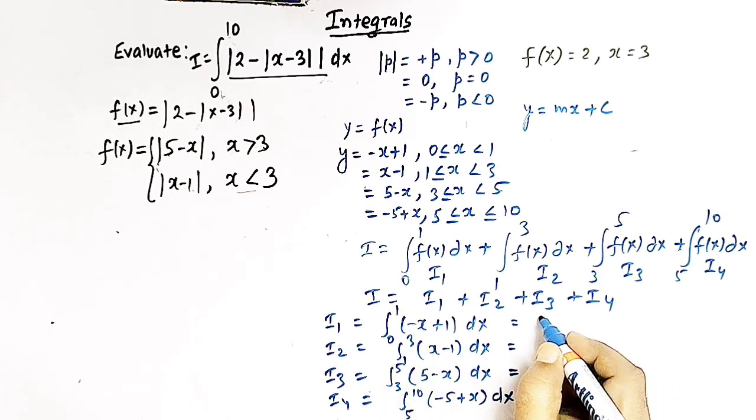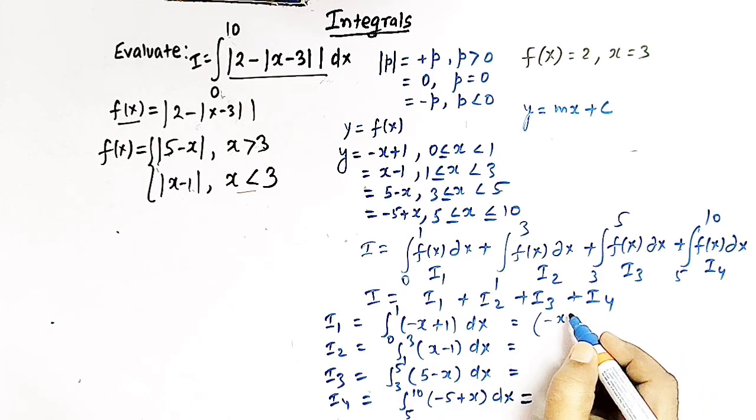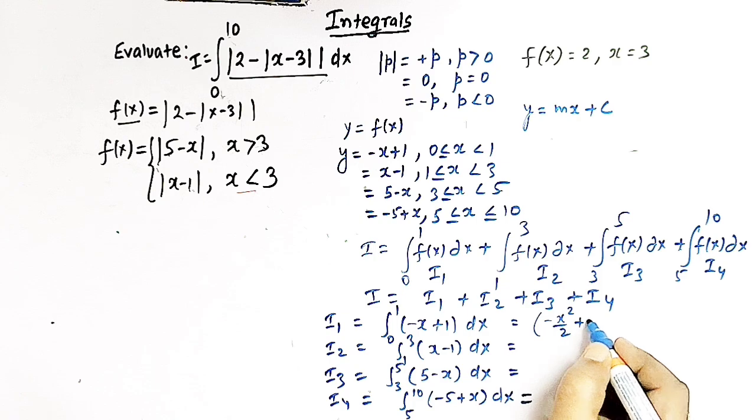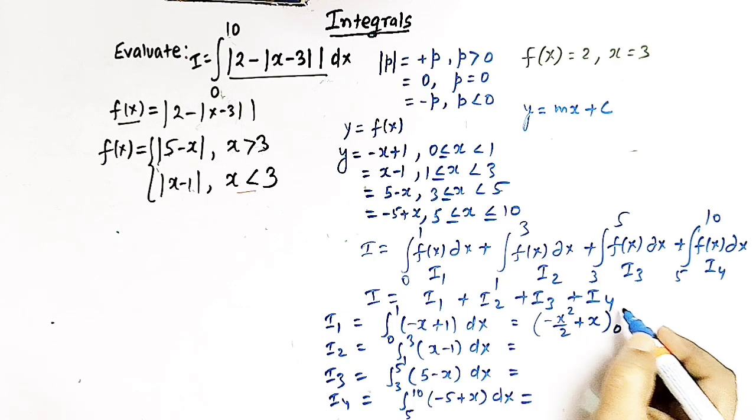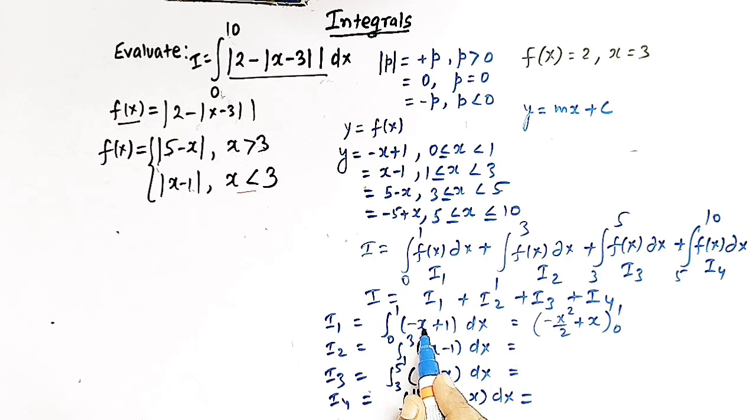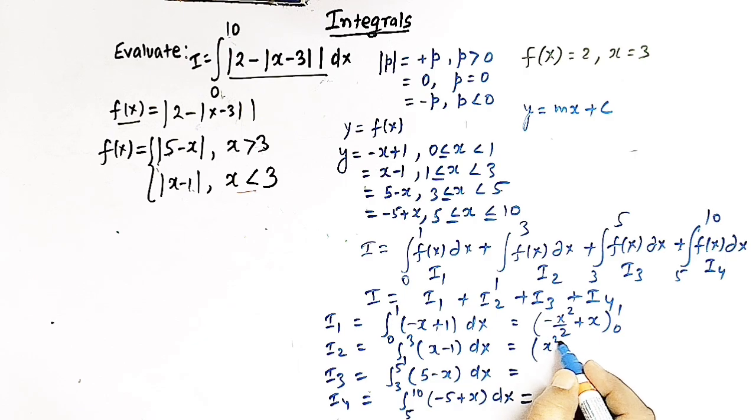So now I1 is minus x square over 2 plus x. Limits are from 0 to 1, because the integral of x is x square over 2, and integral of 1 dx is simply x. And here we have x square over 2 minus x.